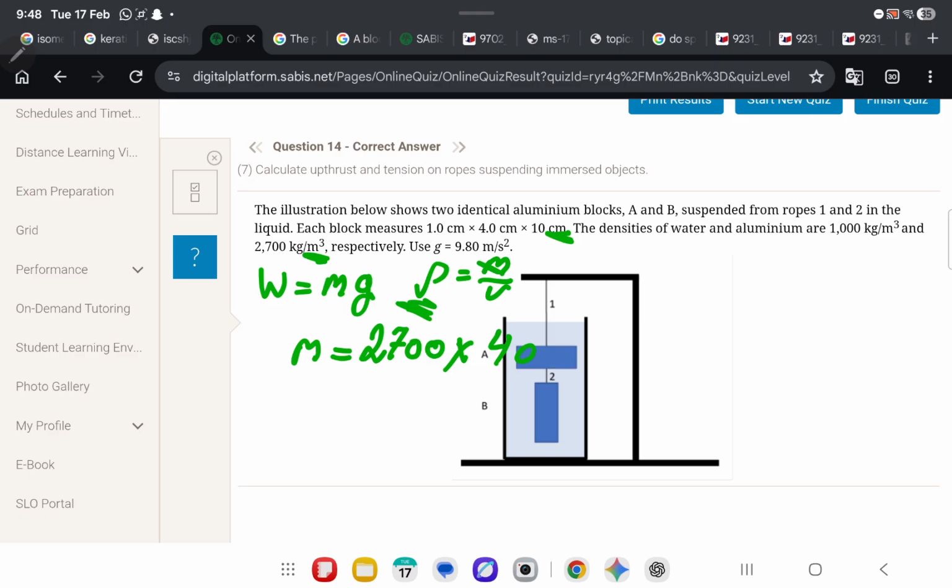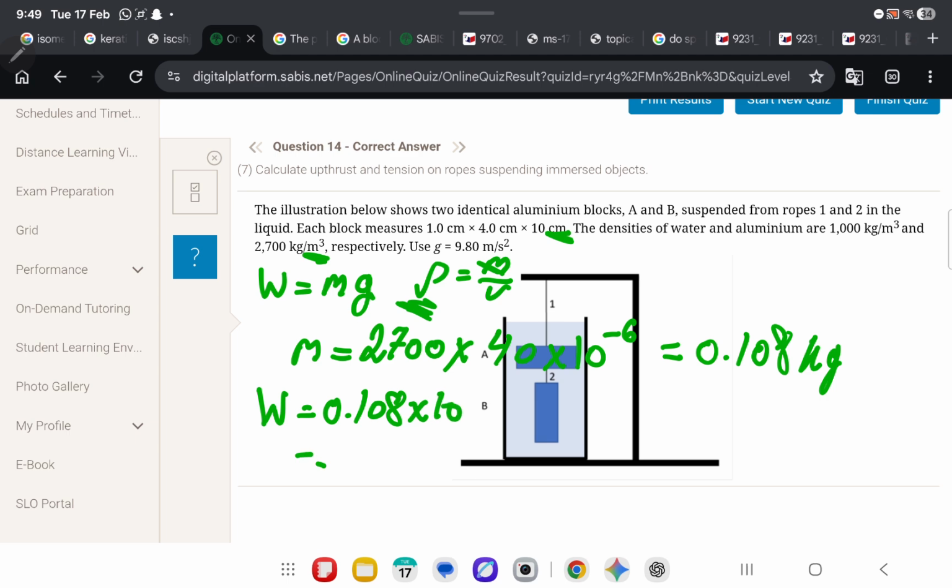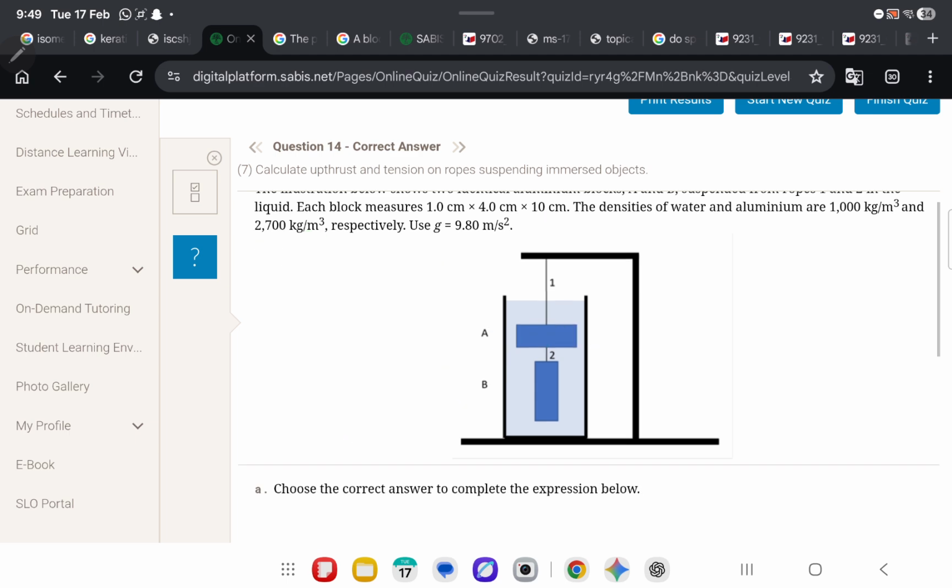So centimeter cubed to meter cubed is 100 cubed, which is times 10 to the power of negative 6. Now, do this, you get 2700 times 40 times 10 to the power minus 6, 0.108 kg. Now, W is equal to mg, right? So 0.108 times 10. How much is this? 1.08 Newton. Now, they took it to one decimal place, right? So it will be 1.1 Newton, not 1.08.